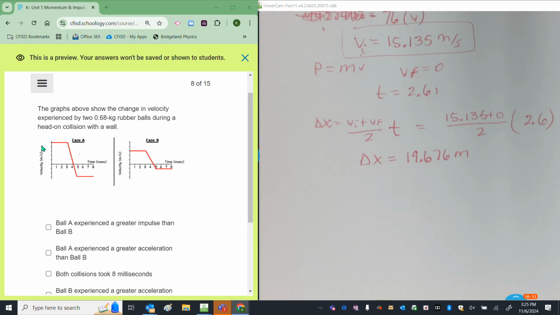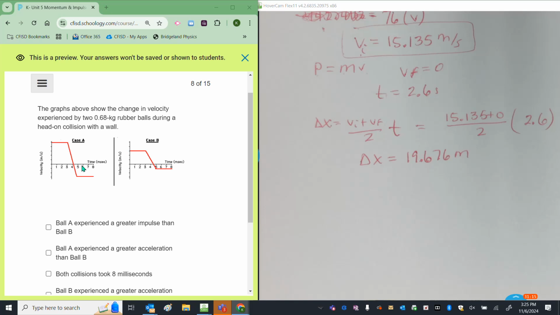And if you look at the graphs, you can see the initial velocities of each, or you don't know what numbers they are, but you can tell that this one has a bigger change in velocity in case A than in case B, and they have the same mass. So if it has a bigger change in velocity but the same mass, then it's going to have a larger change in momentum, because that's the equation for it.